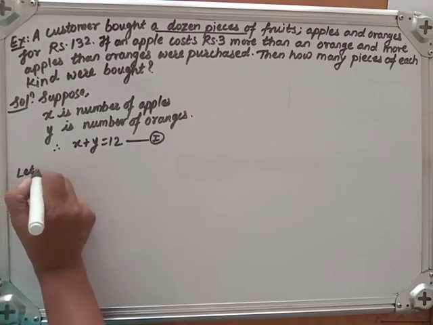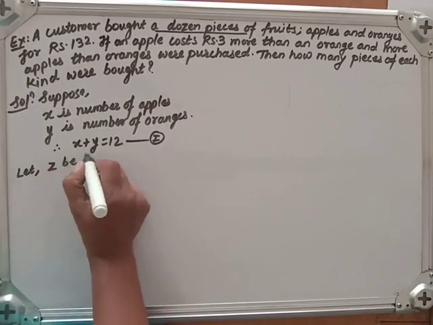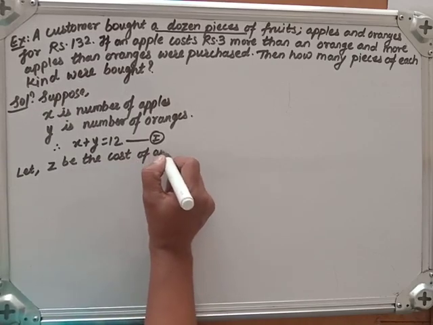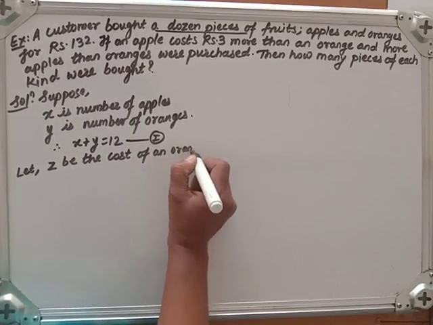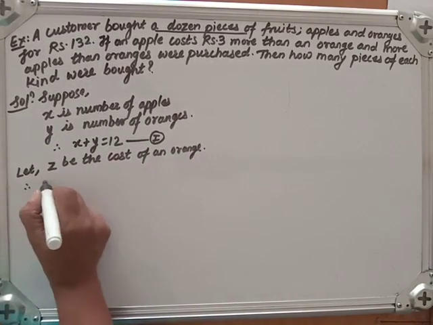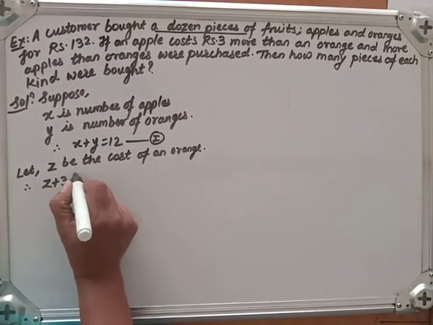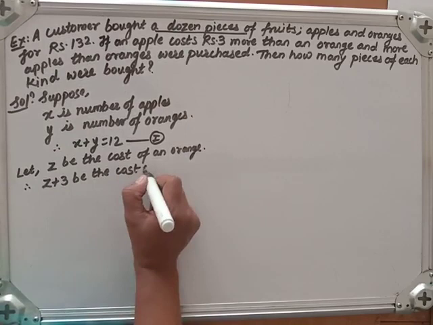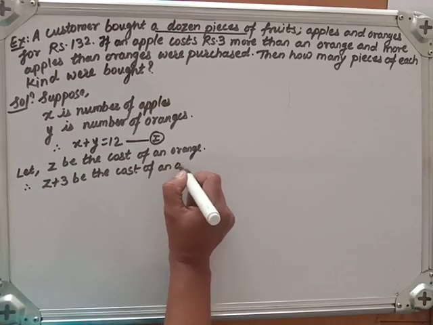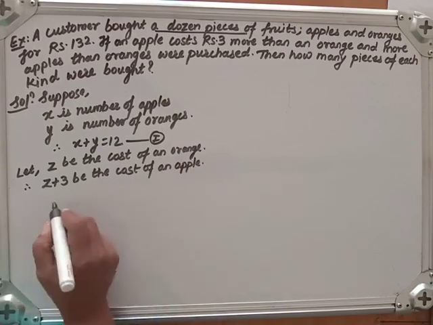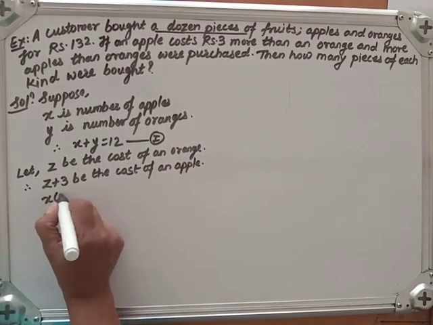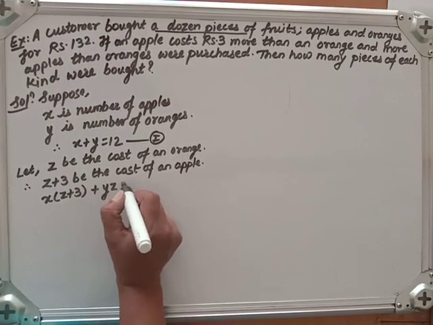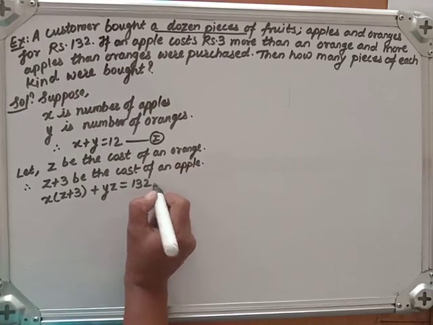Let z be the cost of an orange. Therefore, z plus 3 is the cost of an apple. x into (z plus 3) plus yz is equal to 132.